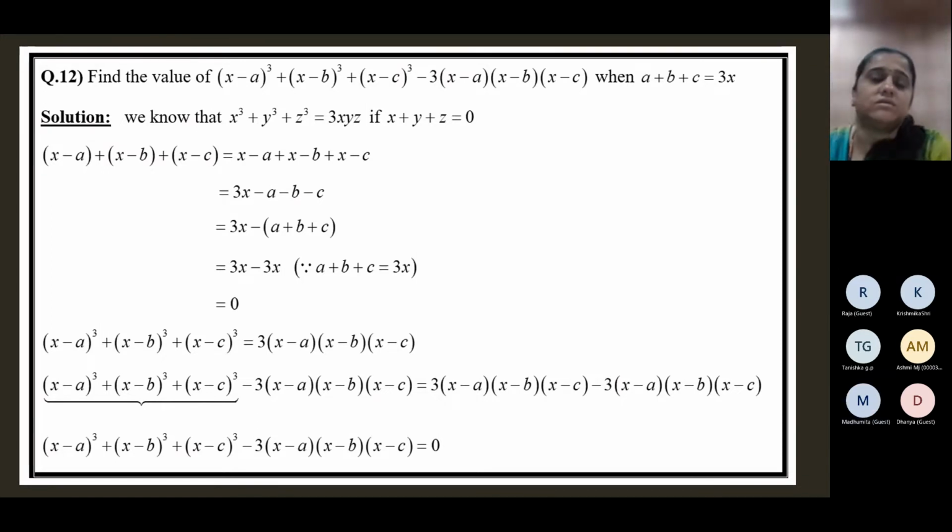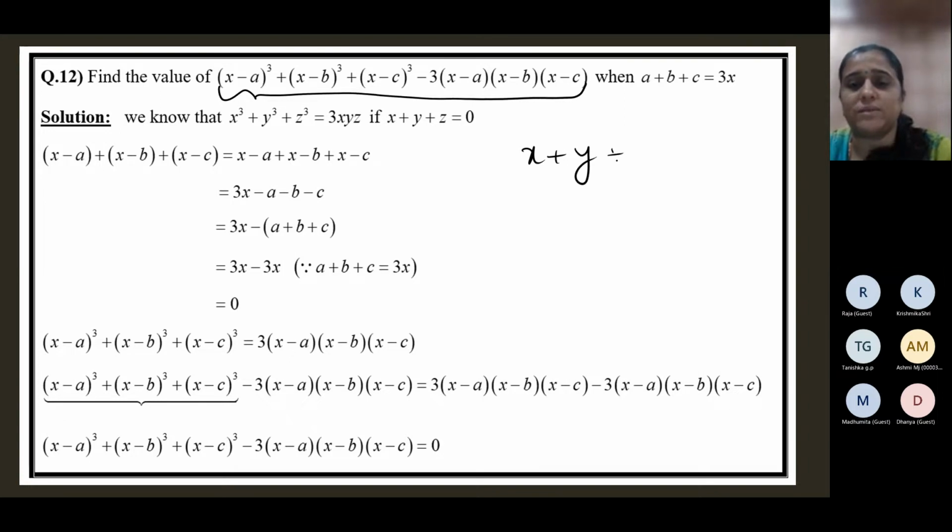So this again is the direct application of an identity to find the value of this expression. To find the value of this expression, we have to use this conditional identity. That is when x plus y plus z is 0, then x cube plus y cube plus z cube is equal to 3xyz.